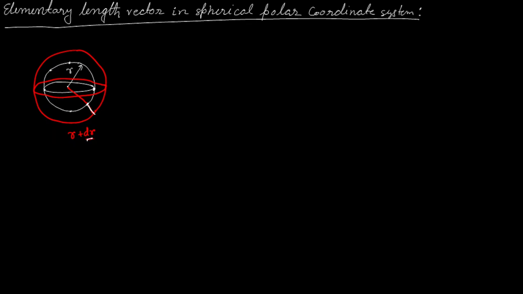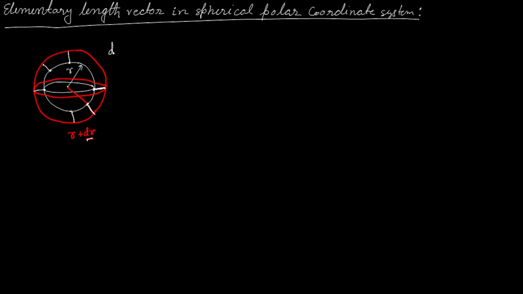Let's say you are here, again you have to go radially outward, so you will go this distance. That distance will also be dr. Everywhere, if you want to go from the inner sphere to the outer sphere along the r cap, this distance will be dr. And what is dr? Dr is the smallest possible increment of r. So that's why we write the elemental length along r as dr r cap.